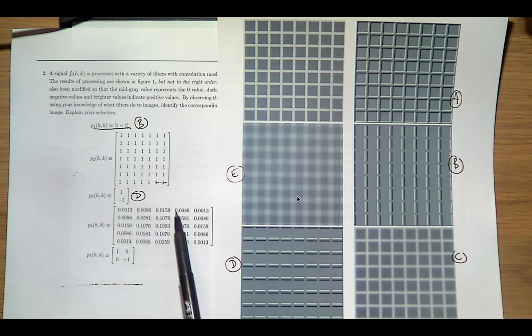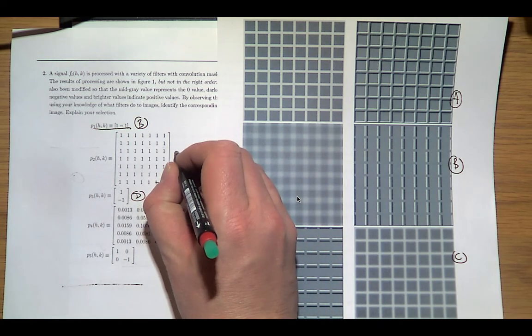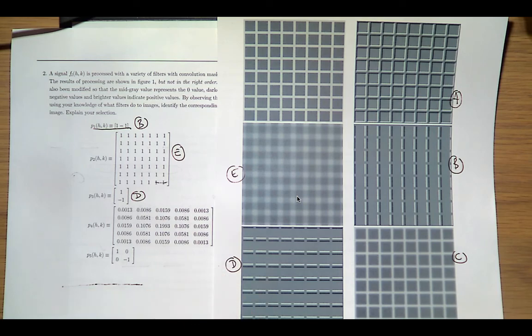So even though that's a 5 by 5 filter, you're effectively only using the nearby pixels, maybe like a 3 by 3, whereas this one you're really blurring over a 7 by 7. So this one looks like a stronger blur than this one. And indeed, you can say that this is E and this is C.